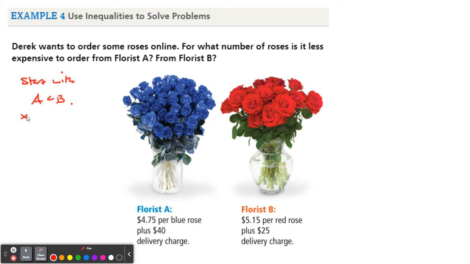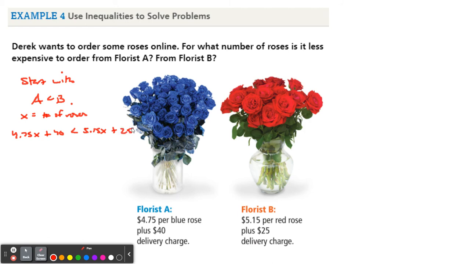And x is going to equal the number of roses that we get. It could be a blue rose or a red rose, it doesn't matter. Number of roses. So for florist A, it costs $4.75 per rose plus $40. And we want to know when that's going to be less than our $5.15 per rose from florist B plus the $25.